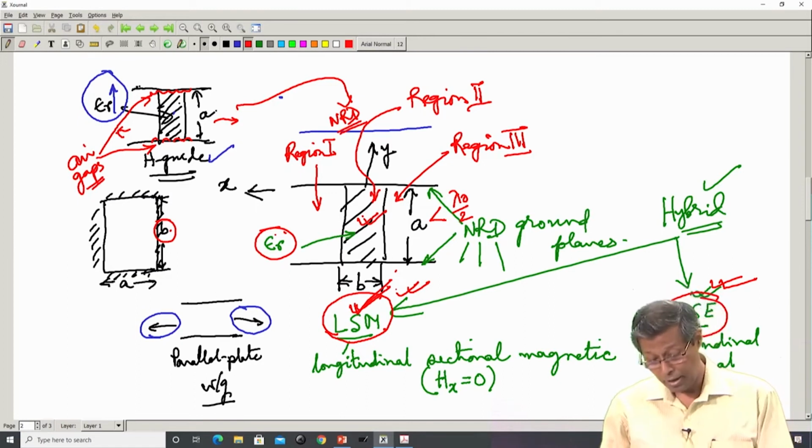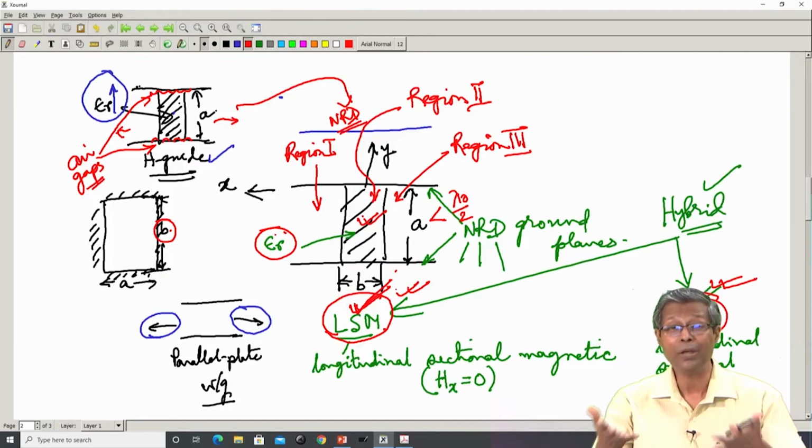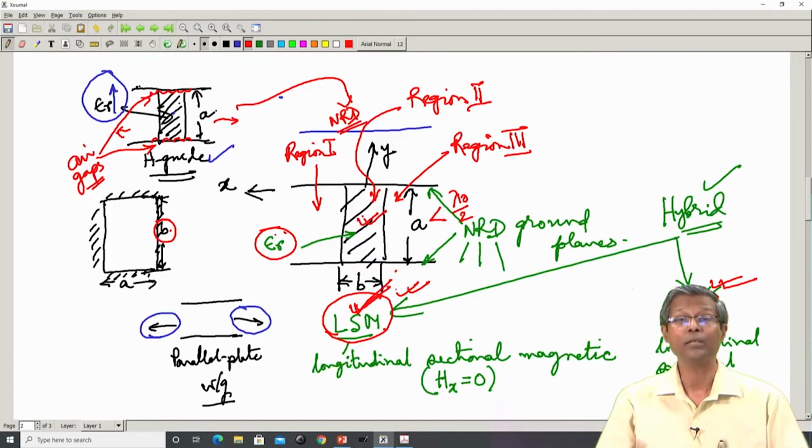And if the characteristics or the design demand that the LSE 00 mode not be appreciably excited, note that because it is the dominant mode, it has the propensity or the tendency to be excited at curvatures or discontinuities. Okay.